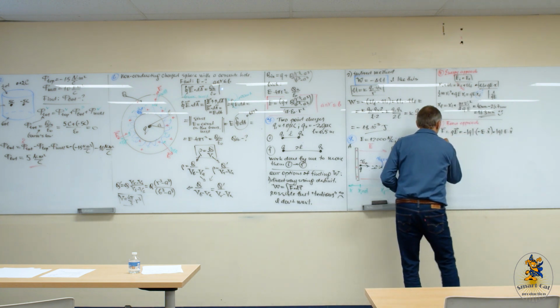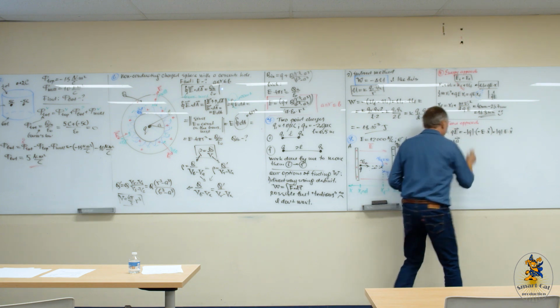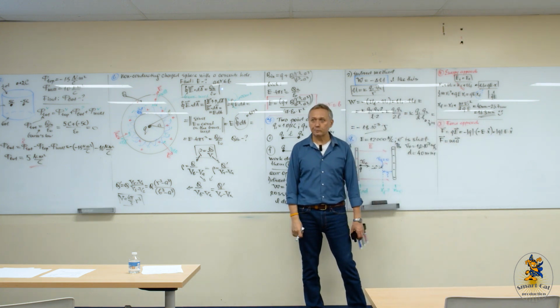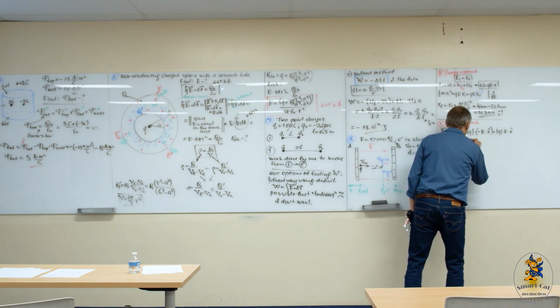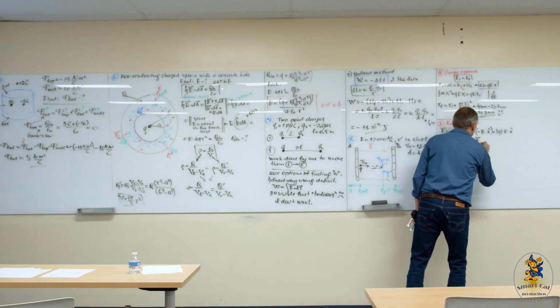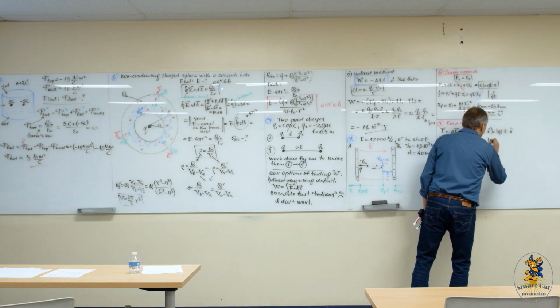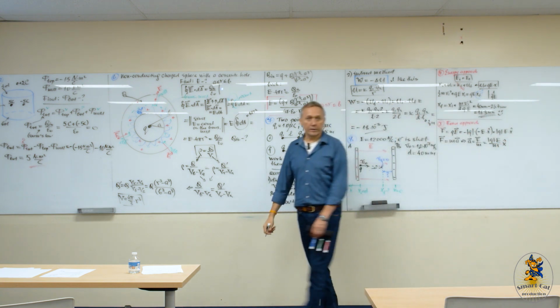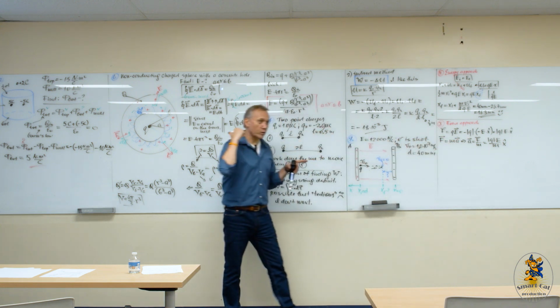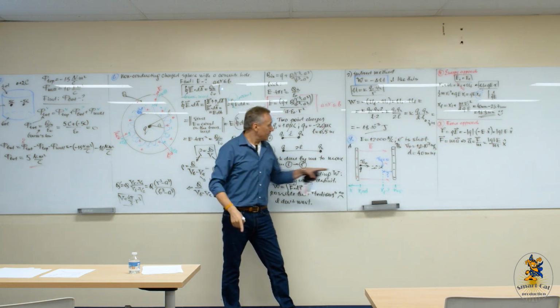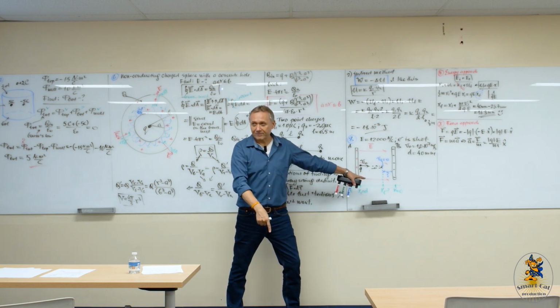Now we need to use it in Newton's second law, the equation of motion. From here we'll get the acceleration as a vector. It will be F over M, so Q times E over M, and the acceleration is in the positive x direction. So the velocity is that way, the acceleration is positive, but actually it's a deceleration.